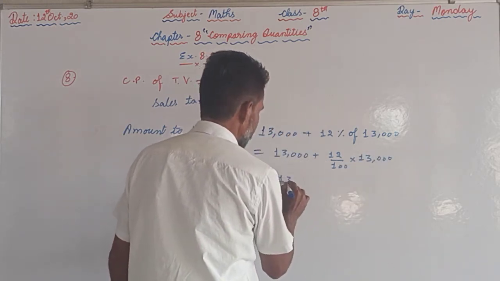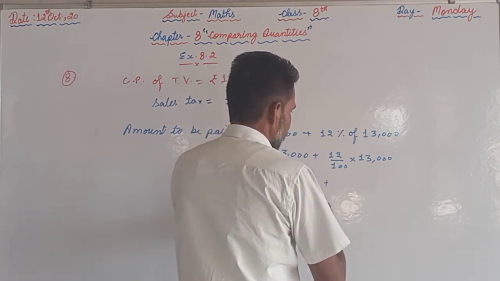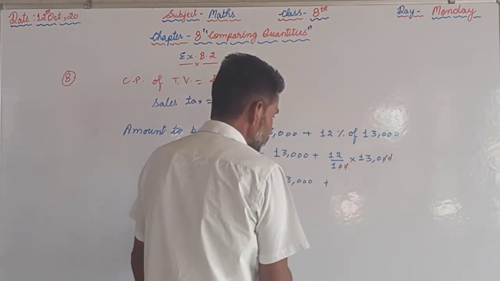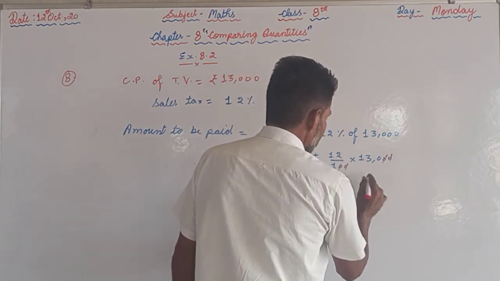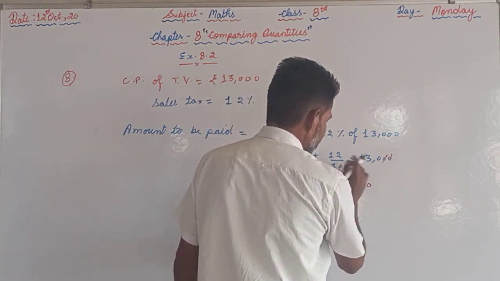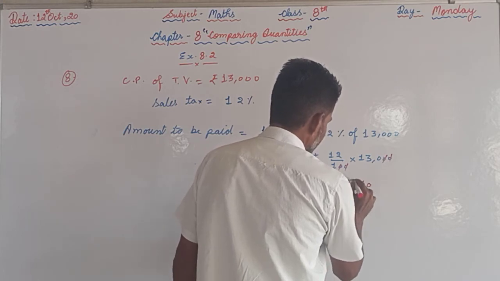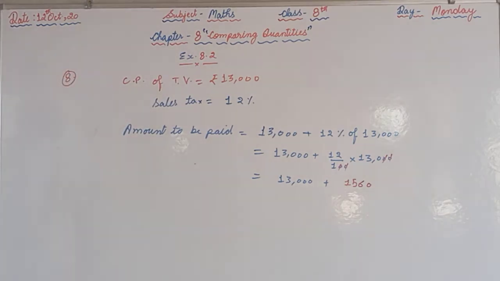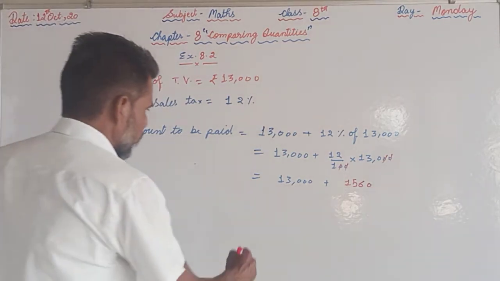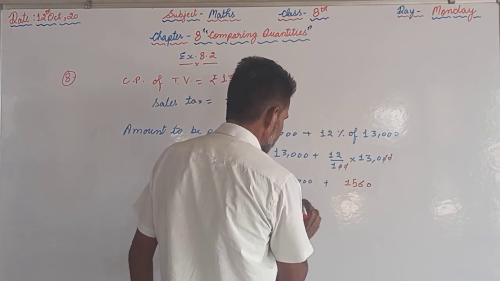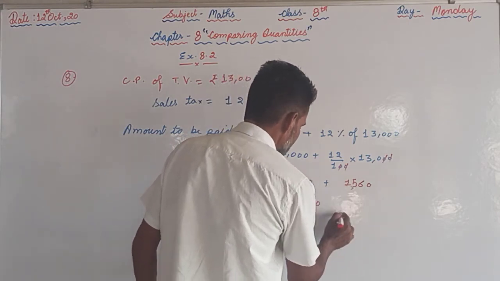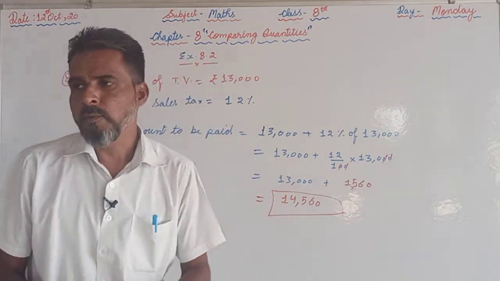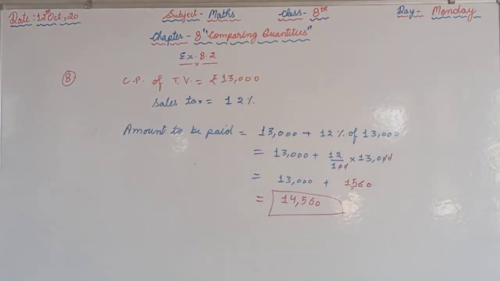Two zeros cancel out, and 12 times 13 is 156, so that will be 1,560, and if we add that, it will be 14,560 rupees, the amount we are supposed to pay for that TV. So like this we are supposed to proceed. In the meantime, we will discuss the next question as well.